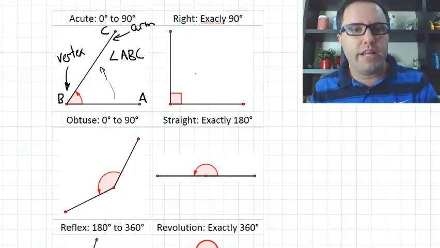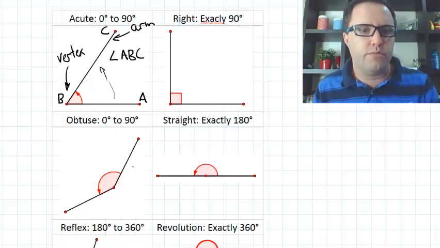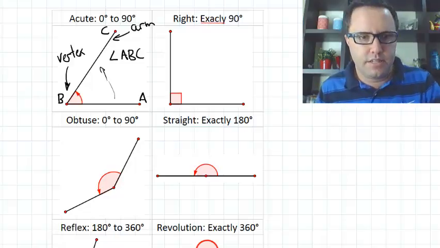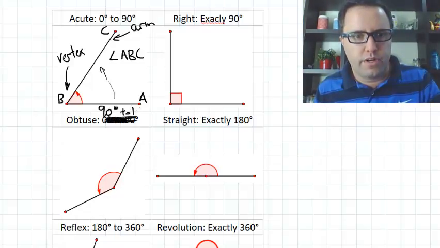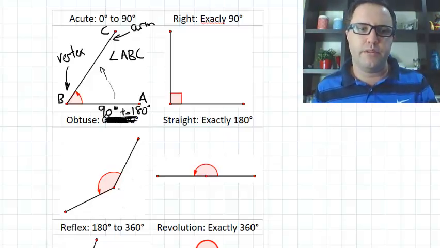Now, a right angle is exactly 90 degrees. Let me show that with a little box. An obtuse angle goes from 90 degrees to 180 degrees, okay, is an obtuse angle, all right?